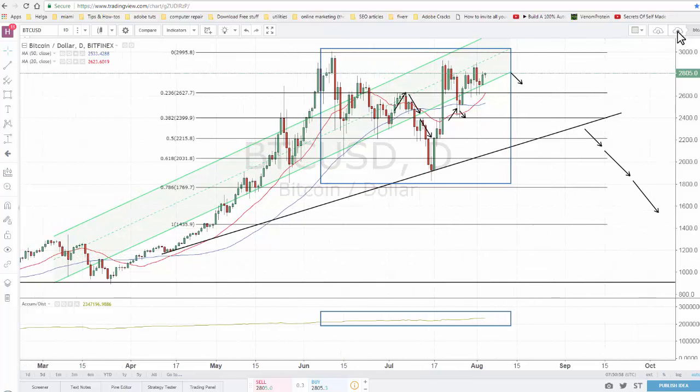I'm going to save it, so next time I do Bitcoin technical analysis, I'm going to be updating on this chart, so we will be able to see the box, my arrows, and as always we will see how wrong or right I was. If this turns out to break to the upside and we go and break all-time highs, I highly doubt it. Statistically, it's very, very difficult that that's going to happen.